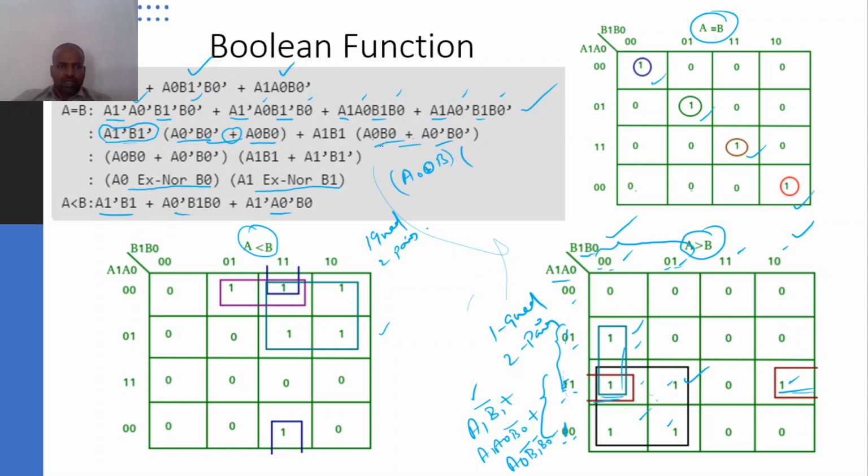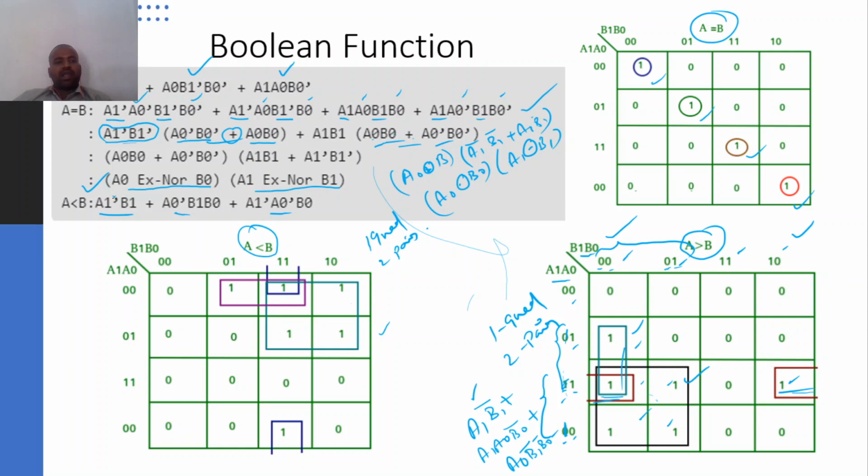After taking these two terms outside, inside again a1 bar b1 bar plus a1 b1 will come. So this also looks like an XNOR expression, a1 XNOR b1. That's why it is written here like this.